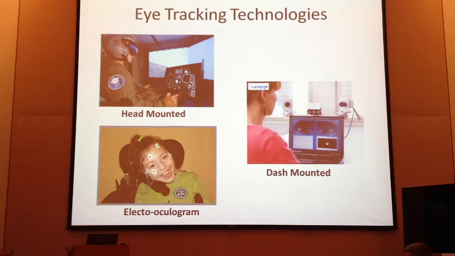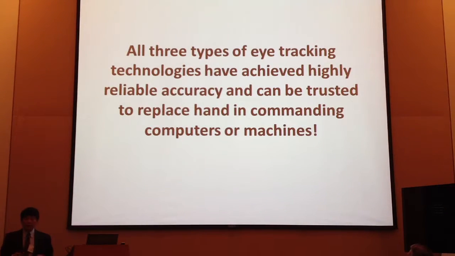The first 2 types both use infrared to detect where the driver's gaze vector is. The electro type uses medical devices to measure the muscle movement of the person and uses that to determine where the driver is looking. All 3 technologies have been perfected to the level that they are highly reliable.